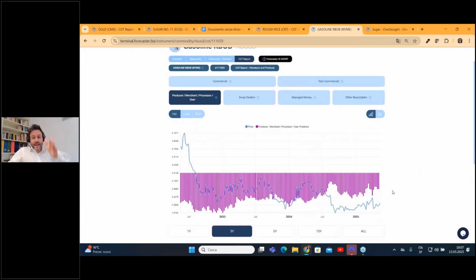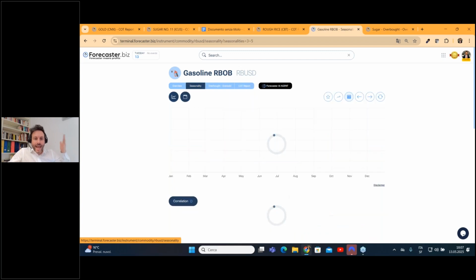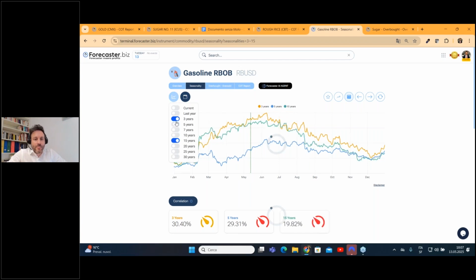So we can expect higher prices for the gasoline because the producers are betting long, and seasonality is telling us that despite the bearish time window we have in front of us, the actual prices are moving to the opposite side.